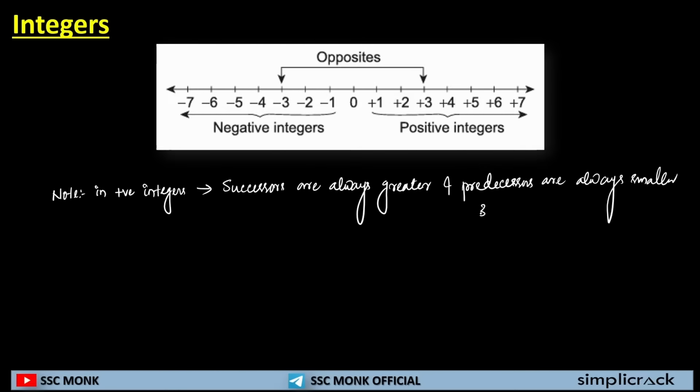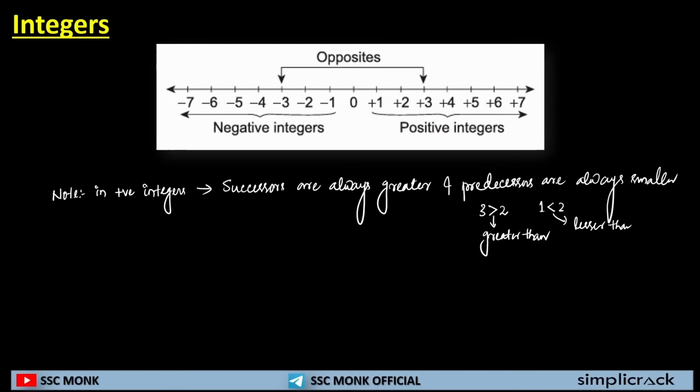I'll write 3 is always greater than 2. Now, if I talk about the predecessor of 2, that is 1, so I'll write 1 is always less than 2. This is the greater than symbol. I hope you know it, but I'm just repeating for your understanding. This is the lesser than symbol. Clear?